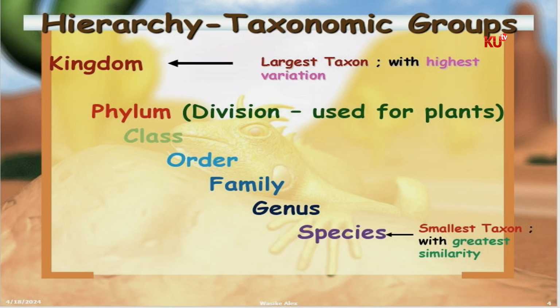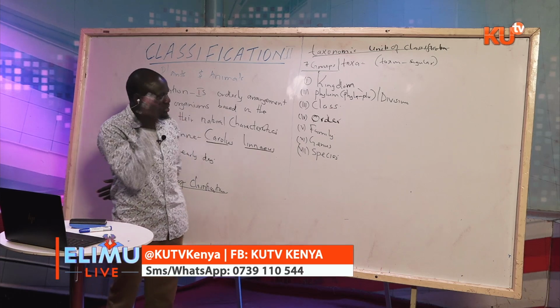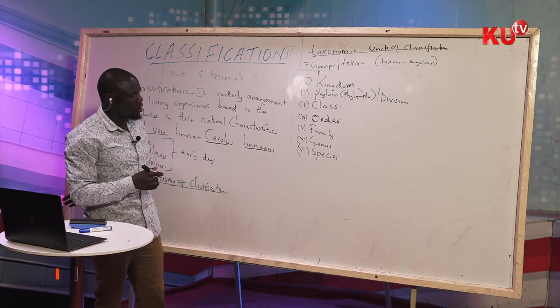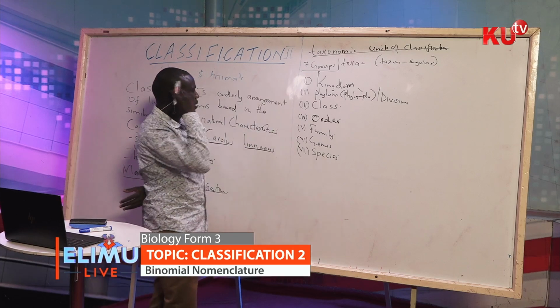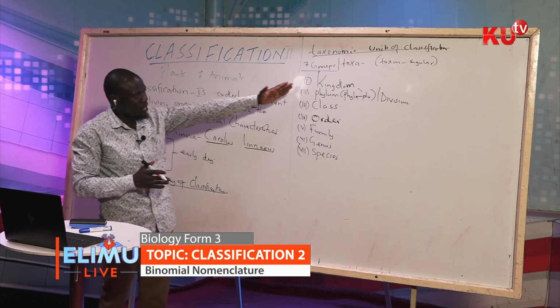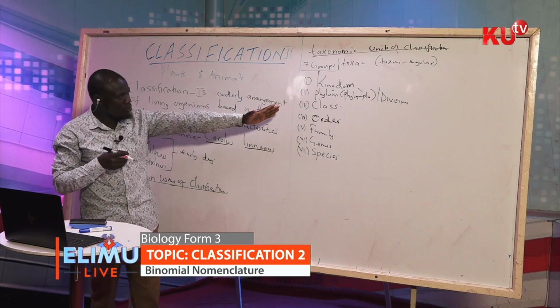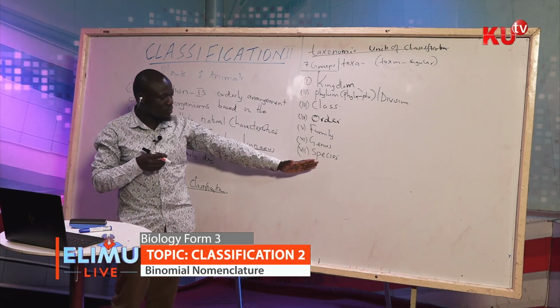But then, look at this. Sometimes there's a student somewhere who is watching and might be thinking, how will I be able to remember all these taxonomic units of classification? Therefore, we came up with how the learner is able to remember the 7 taxonomic units of classification, starting from the kingdom to the species.